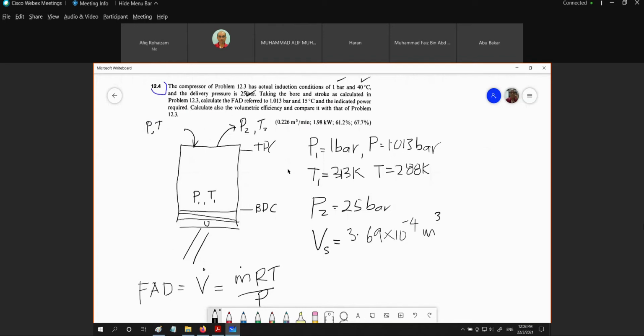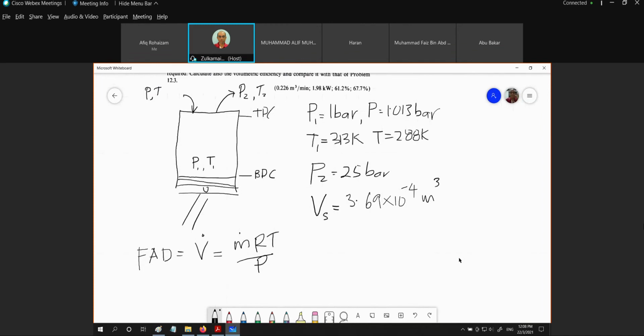So how about our M dot? Does our M dot differ from 12.3? What do you think? Ambient condition sama kan, sir? Sama. Remember tak yang kita dapatkan FAD?